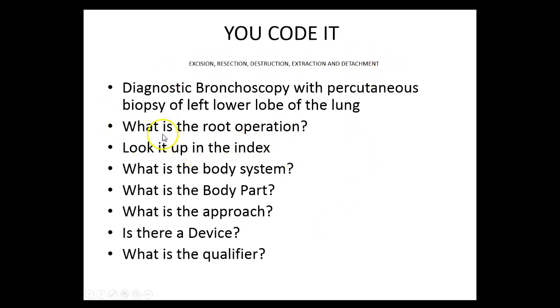So what's our qualifier? Our qualifier is diagnostic. So when we get to the table, we're going to want to go to biopsy, left lower lobe of the lung. When we get to that table, we know our approach is going to be natural or artificial opening, and our qualifier is going to be diagnostic.